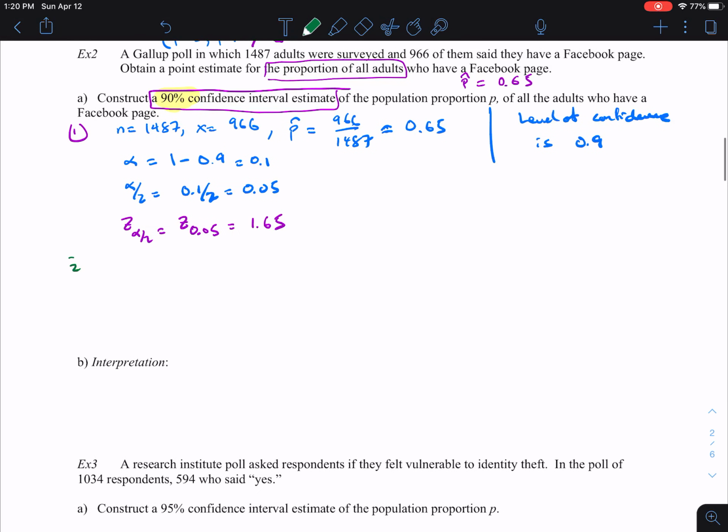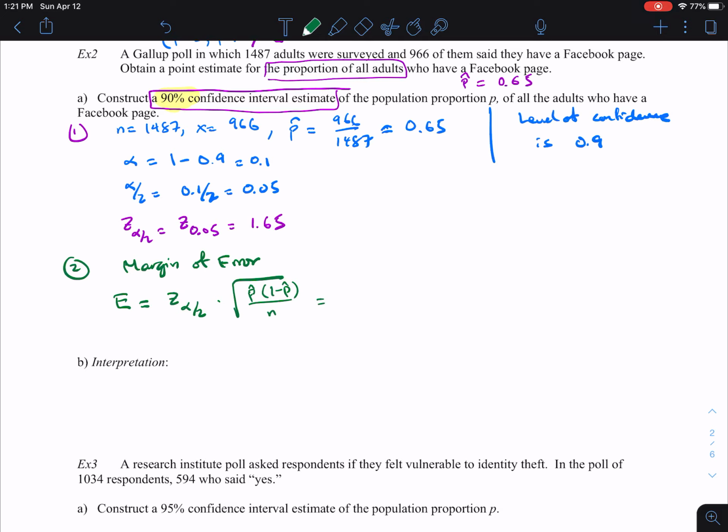The second thing is to find the margin of error. That's going to be E. E is equal to the critical value times the standard deviation of all the sample proportions, which is the square root of p hat times 1 minus p hat over n.